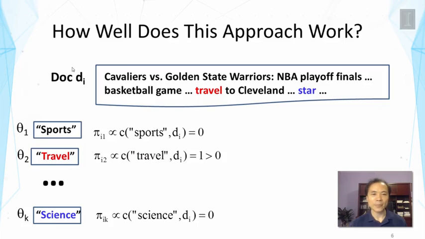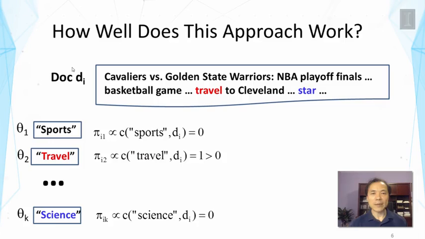so this estimate has a problem. What's worse, the term travel actually occurred in the document. So when we estimate the coverage of the topic travel, we have got a non-zero count. So its estimated coverage would be non-zero. So this obviously is also not desirable.